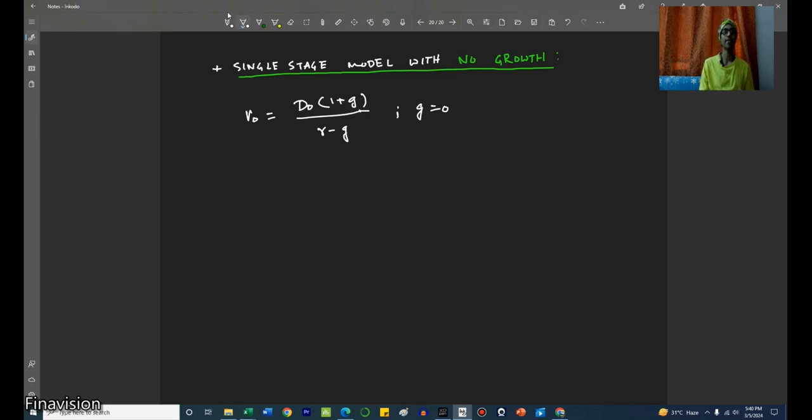We are getting a constant dividend perpetually. So the dividend is not just D0. D0 is equal to D1 is equal to D2 is equal to D3 is equal to D infinity. So they are all equal to a constant.